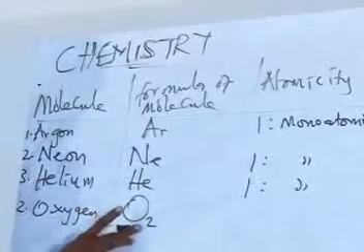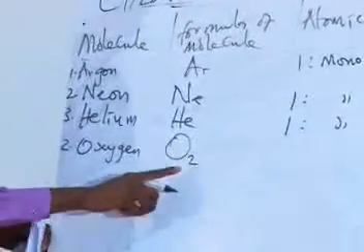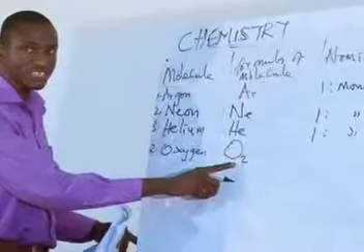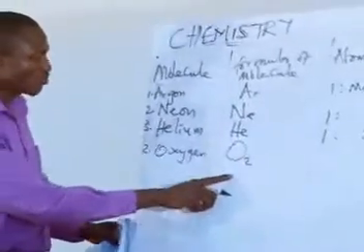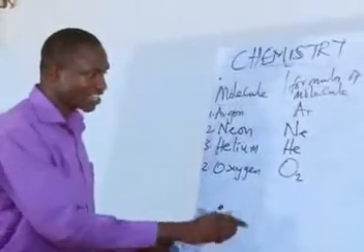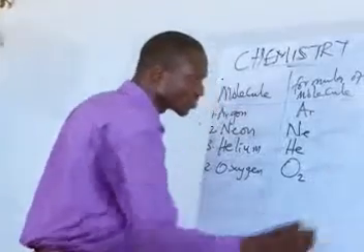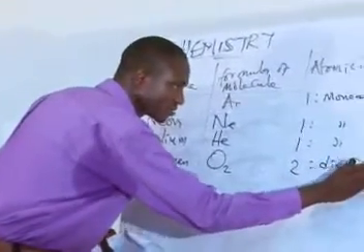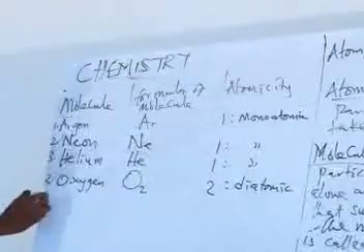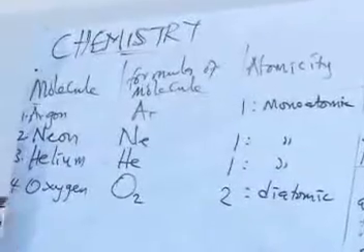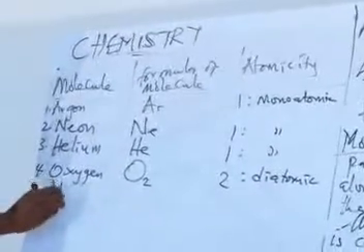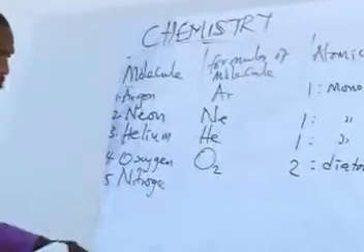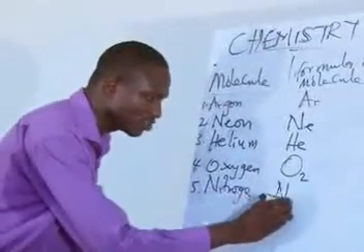For diatomic molecules, that is molecules containing 2 atoms, we have oxygen molecule, which is O2. This subscript indicates the number of atoms you have in that molecule. So we have 2 atoms of oxygen here, so the atomicity is 2, and we say it is diatomic. What do I call it, class? Diatomic. Another example is nitrogen. A nitrogen molecule has a formula N2.